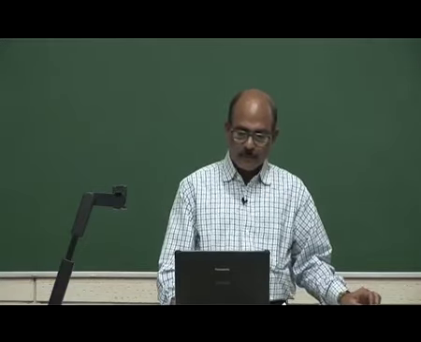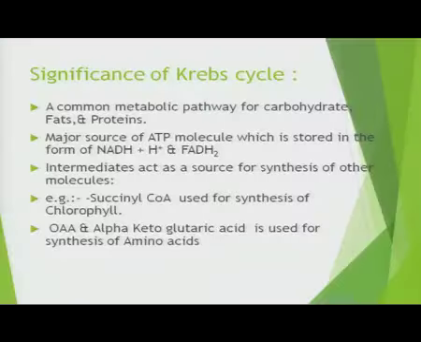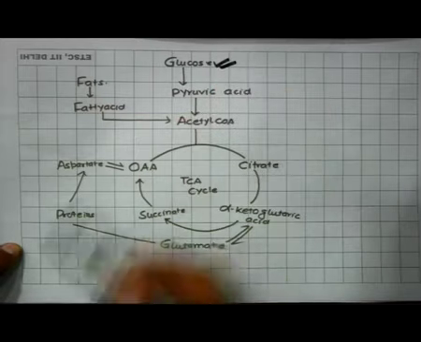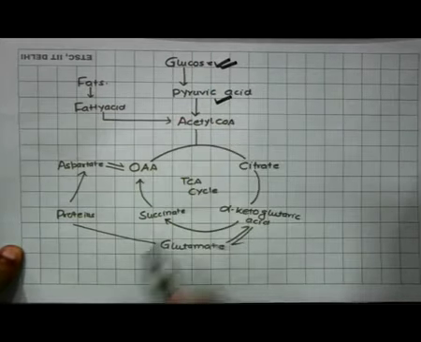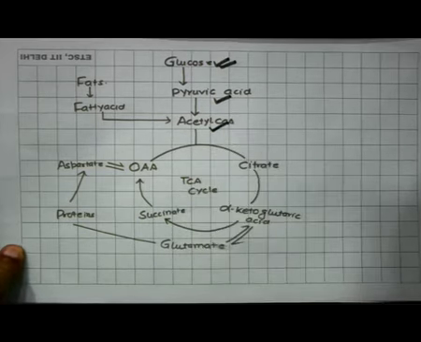This is the look. Now, what is the significance of the Krebs cycle? The Krebs cycle is the common pathway of carbohydrate, protein and fat. We can summarize this in the same way. The glucose molecule, which is the substrate, is converted firstly into pyruvic acid and then into acetyl coenzyme.